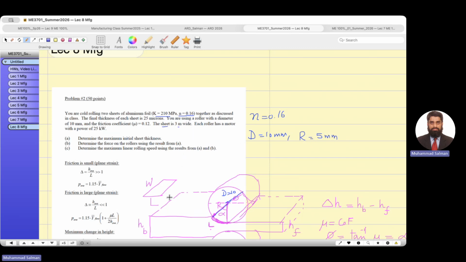The width, this width is 3 meters wide, and the coefficient of friction is 0.12. Each roller has a motor power of 25 kilowatts.